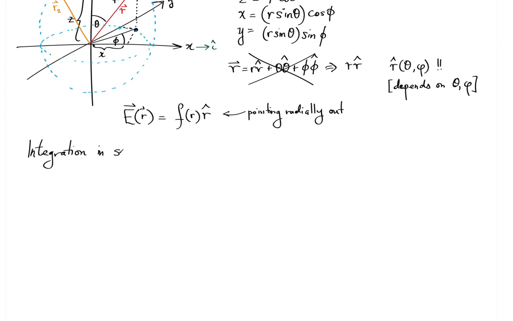So spherical is a much easier way to go if we have the appropriate symmetry for that problem. Okay, so I will cover this again. This is something that I expect you should have already seen.